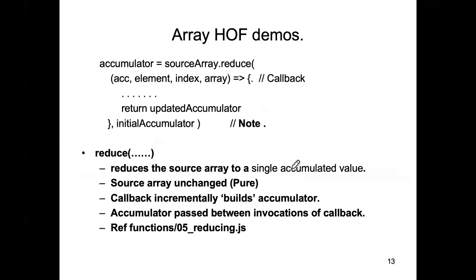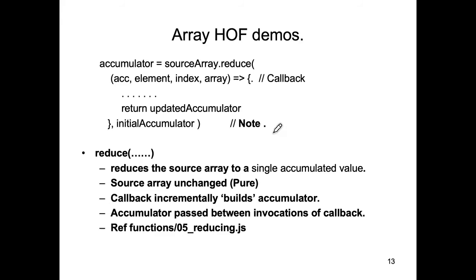The next higher order one that we want to look at is called reduce, and this is a trickier one really to wrap your head around. The overall idea is you have your input array and you want to produce or generate an accumulator value from that source array.